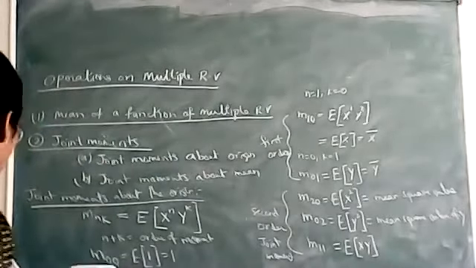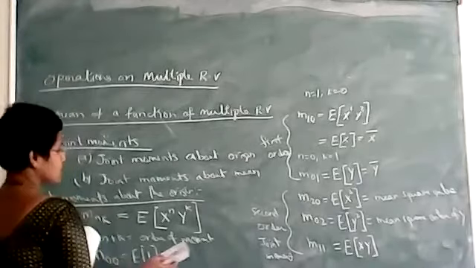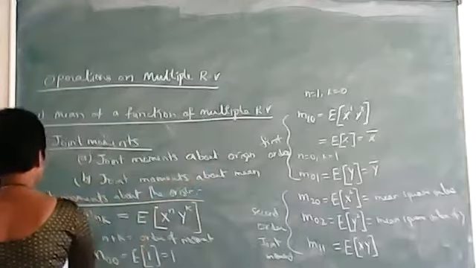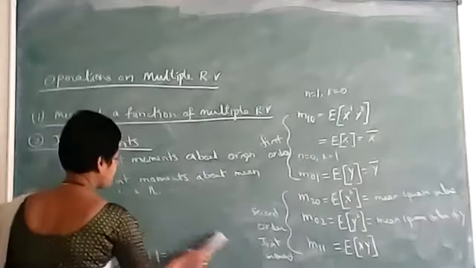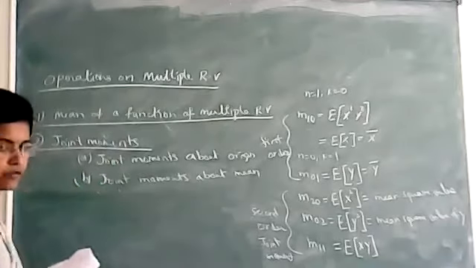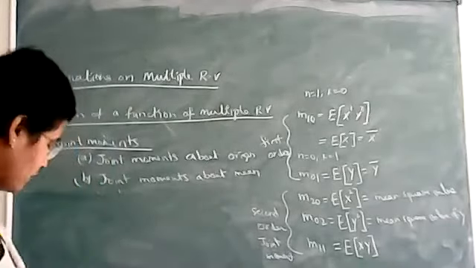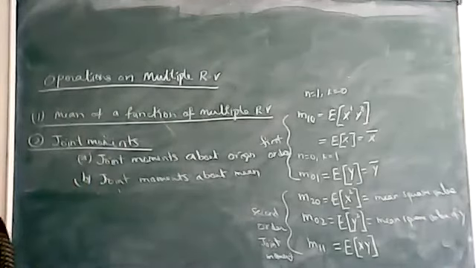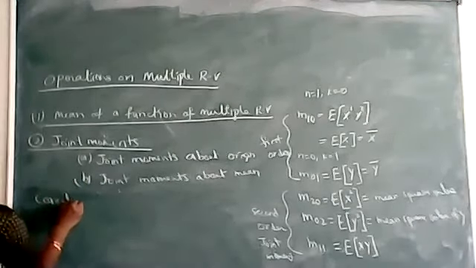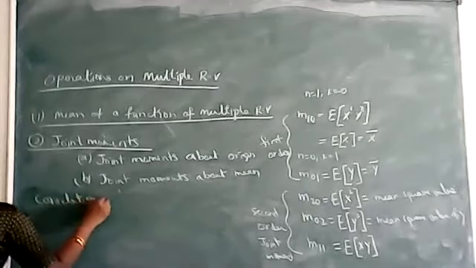Now in this, we just discuss what is M11. M11 is the second order joint moment about the origin. This is also called correlation. What is correlation?